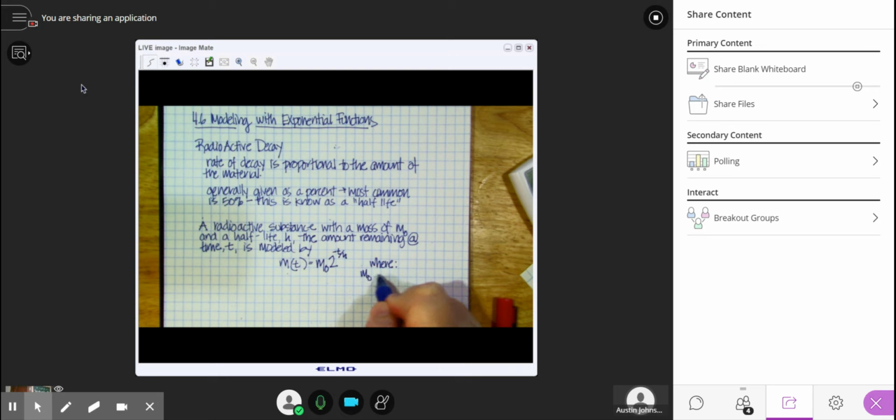Where m sub 0 is the initial amount, t is time, and h is the half-life, so the time to half.